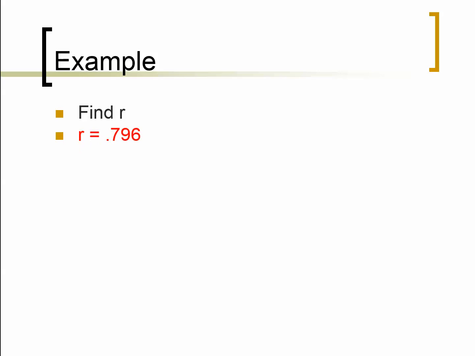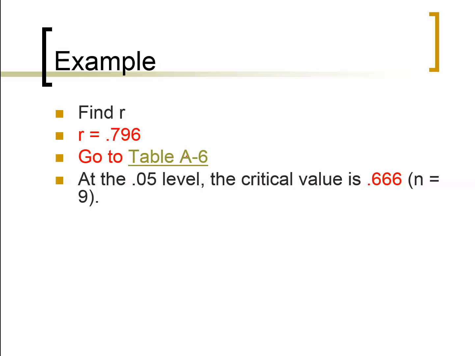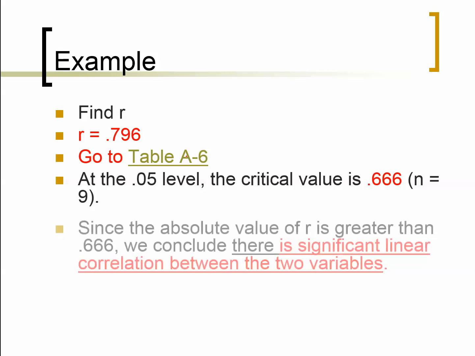So let's find R in our calculator. When you type the data in, you should find that R is 0.796. Now let's go to Table A6. At the 0.05 level, so always assume 0.05 unless you're told otherwise, the critical value is 0.666 at N equals 9.